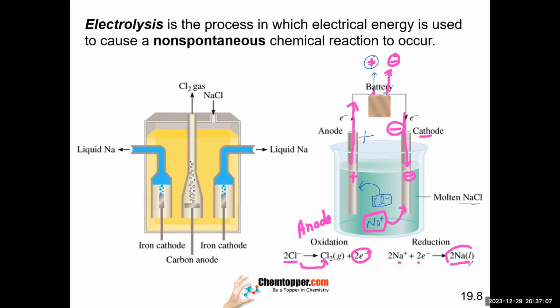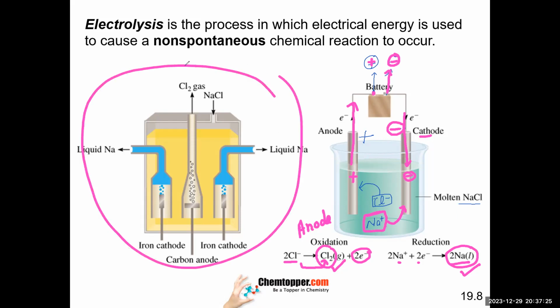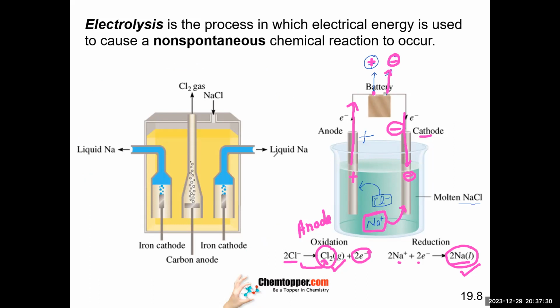But they are very reactive. Na metal, very, very reactive. Cl2, very reactive. Most reactive metal, most reactive non-metal. When they are together like this, they will again combine. Immediately they will react. And that is the reason we need a very special setup. In this setup, you can see the Na, this is your cathode. So Na plus is coming here and getting trapped here. Cathode has negative charge.